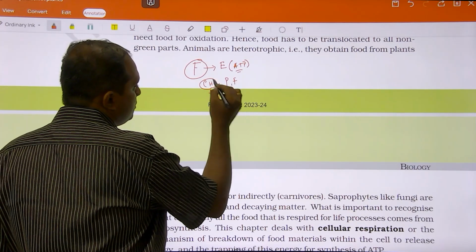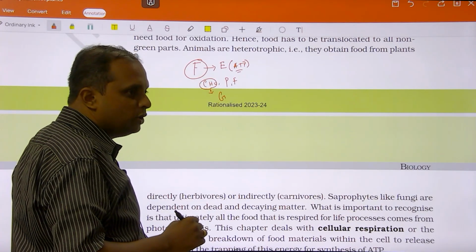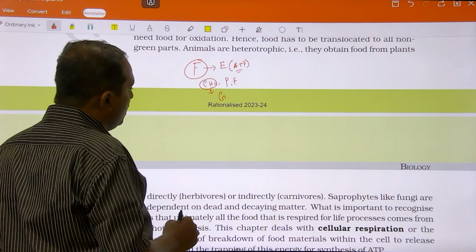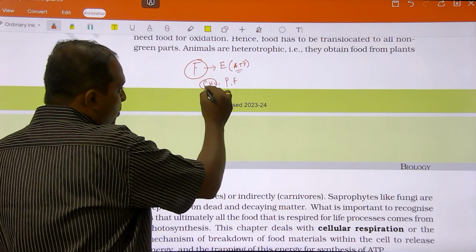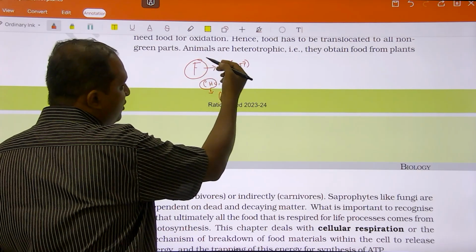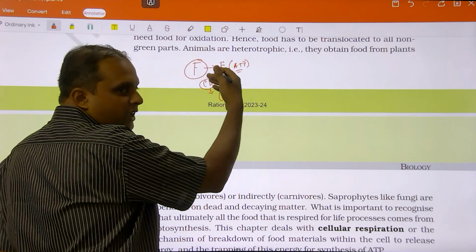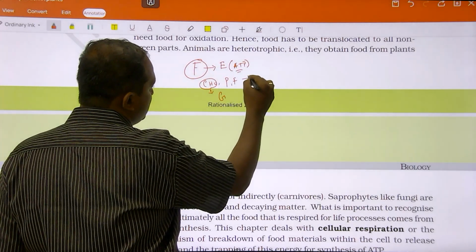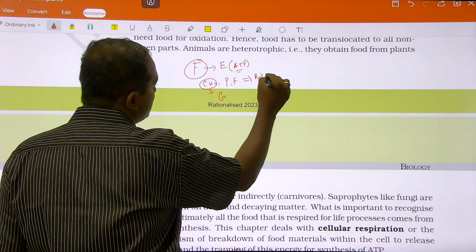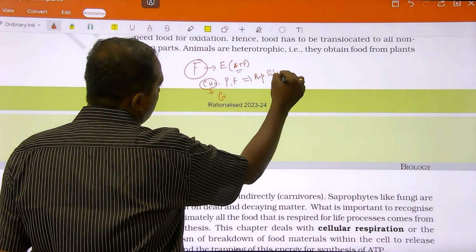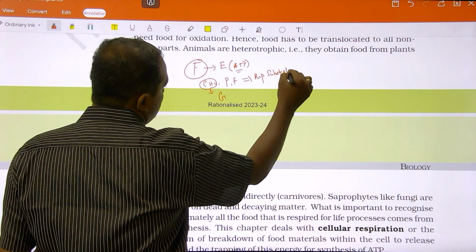Glucose. The principal carbohydrate is glucose. So these probable candidates which can act as food liberating energy, ATP, you call these respiratory substrates.